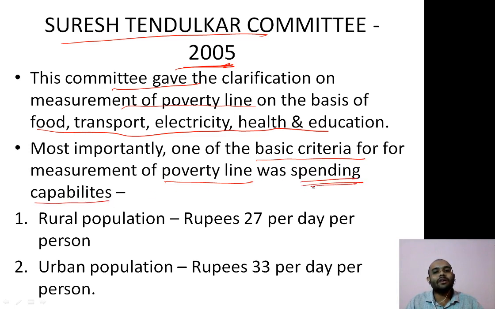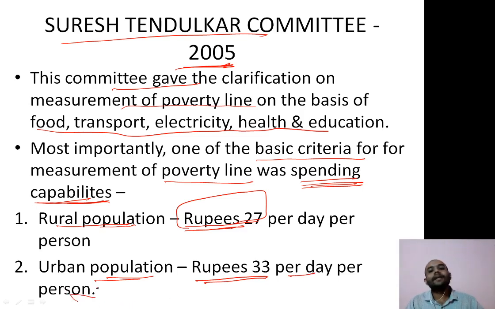Remember, the Suresh Tendulkar committee distinguished poverty by spending capabilities. So, if in a rural population 27 rupees per day per person can be spent, then that person would be said to be above the poverty line. And in the case of the urban population, if 33 rupees per day per person is being spent, then it could be said as above the poverty line. Below this would be said as below the poverty line.